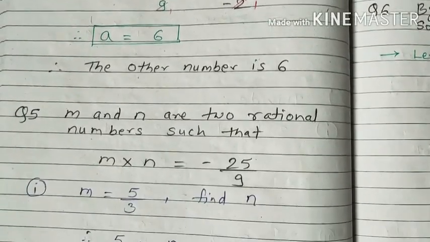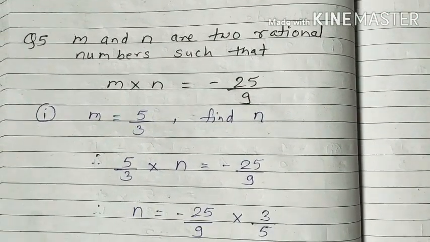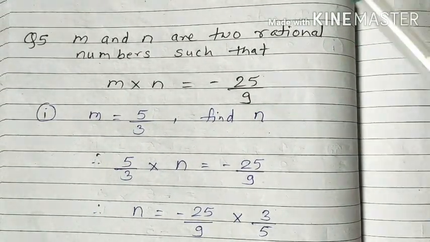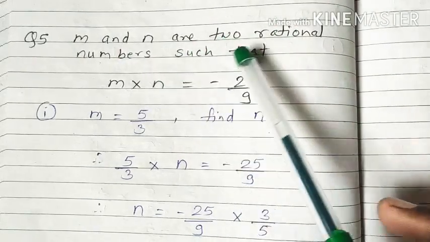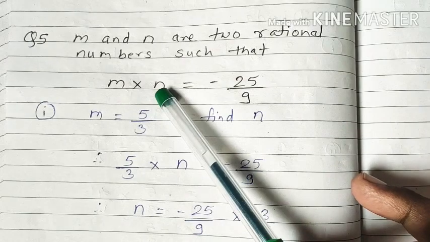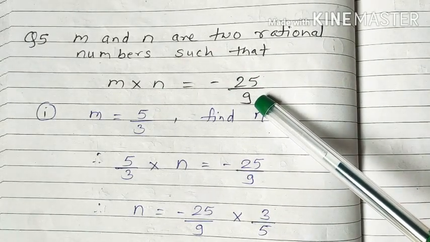Okay. Next is question number 5. M and N are two rational numbers such that M multiplied by N equals minus 25 upon 9.